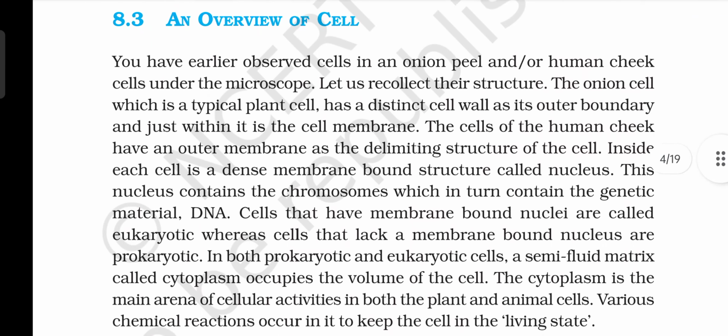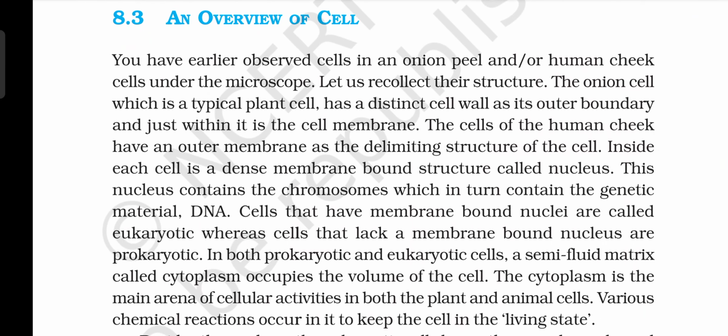An overview of the cell. You have earlier observed cells in an onion peel and a human cheek under the microscope. Let us recall their structure. The onion cell, which is a typical plant cell, has a distinct cell wall as its outer boundary, and just within it is the cell membrane.